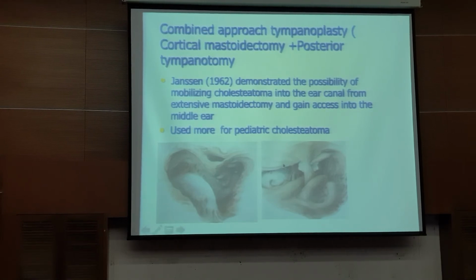This is the area of the facial recess, and superiorly this is the fossa incudis. So when you want to do a combined approach tympanoplasty, the patient normally doesn't have a good eustachian tube function. So you can give good aeration by creating a space between the middle ear and the mastoid cavity.